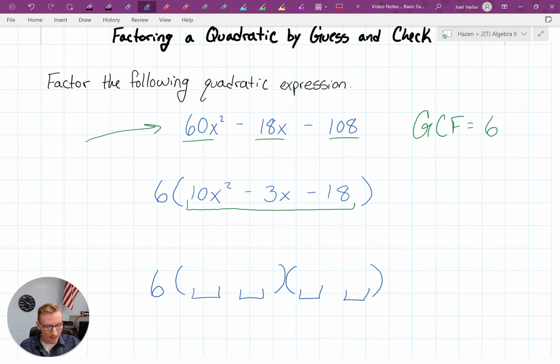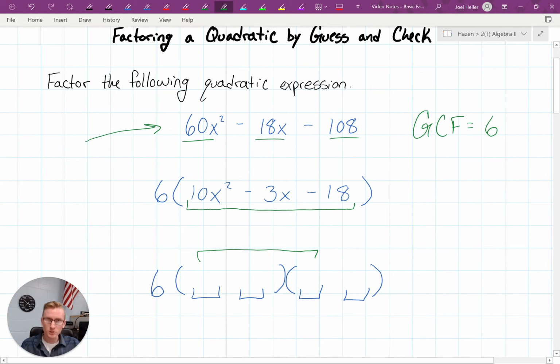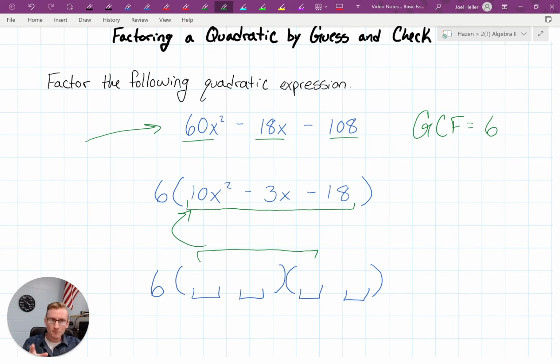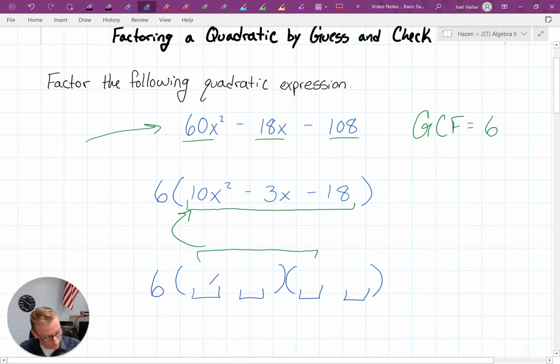If I'm going to multiply those first two terms, doing the distributive property, those first two terms have to multiply together to give me that 10x squared. So it's got an x squared on it. That means the first two terms in my binomials are going to have an x in them. So let's put that in there. So I got an x here, I got an x here.